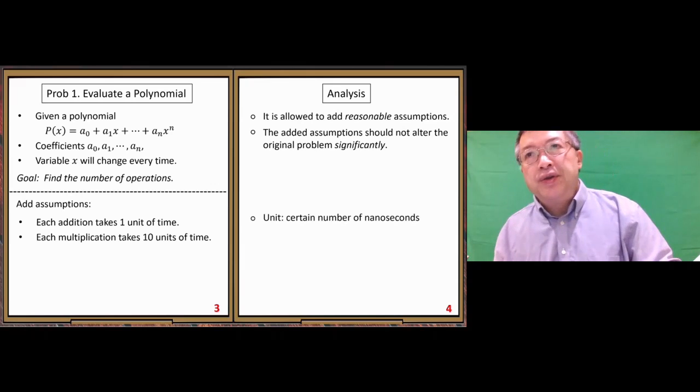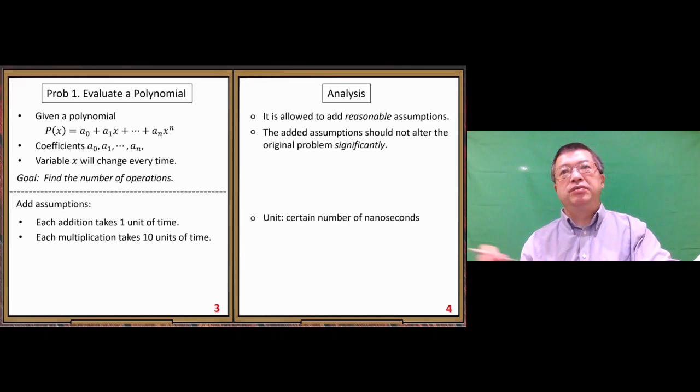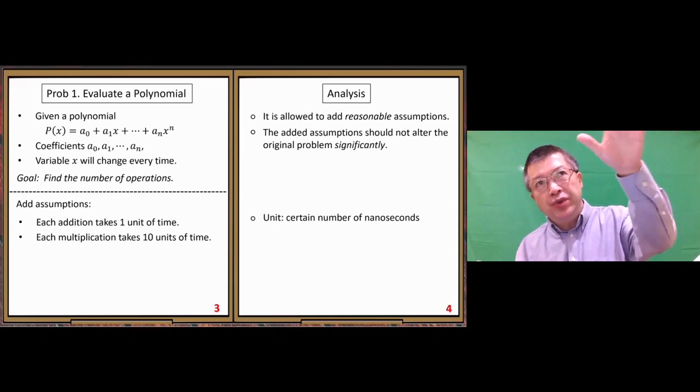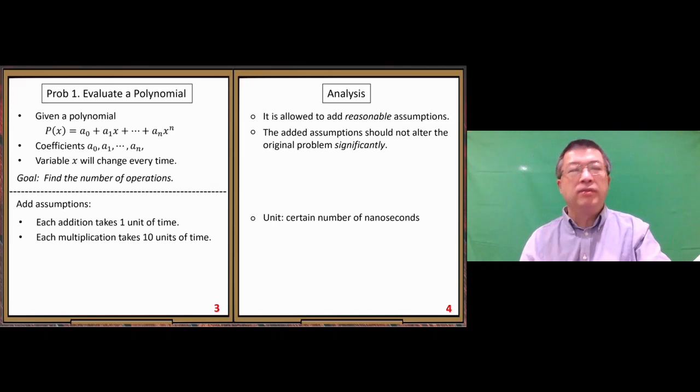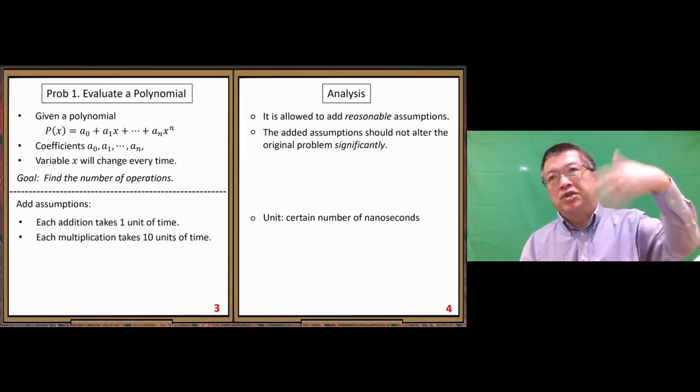Regarding the unit, I'd like to give you a little more information. Here the unit means a certain number of nanoseconds. If you look at the CPU, the real exact time is a certain number of nanoseconds, even approximately 1 nanosecond, because the CPU becomes better and better.